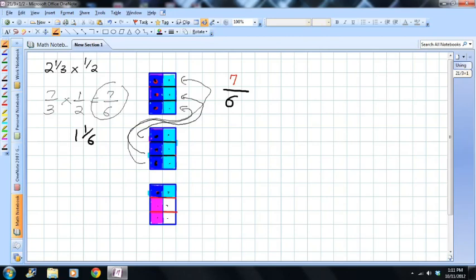When I do that, I'm going to have something that looks like this. So we're going to fill these up with the ones from the second rectangle.